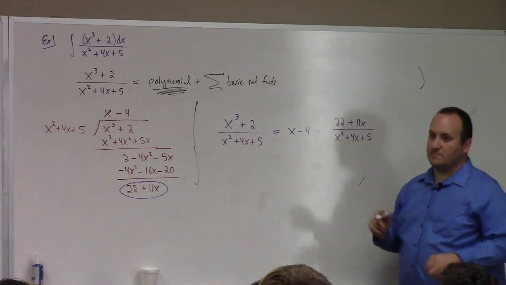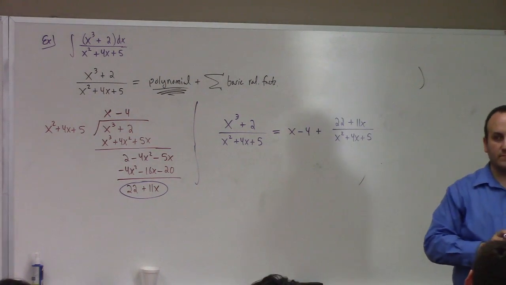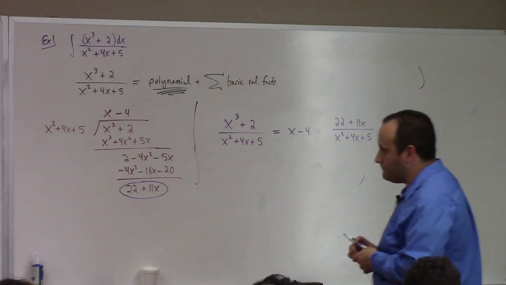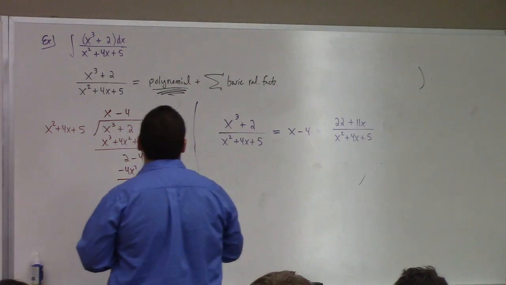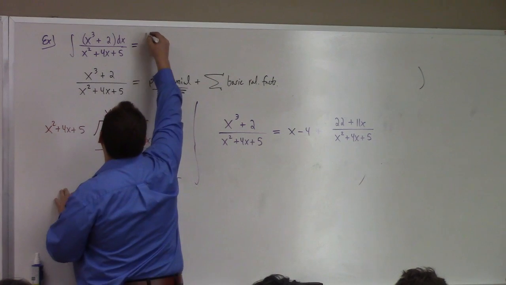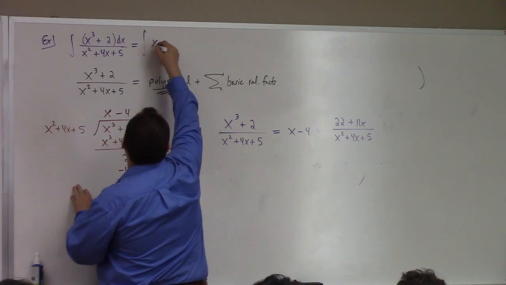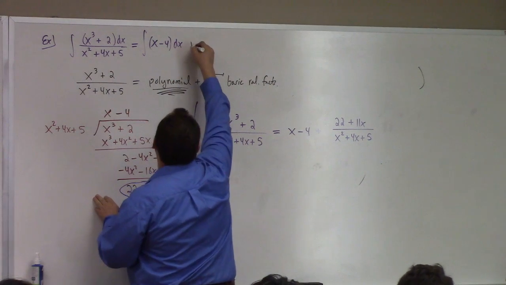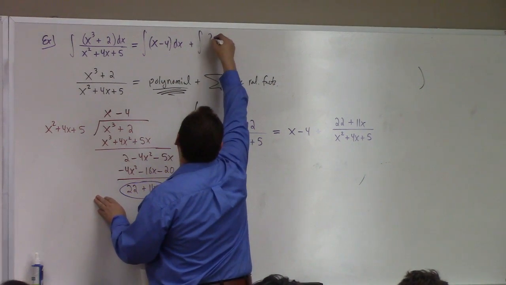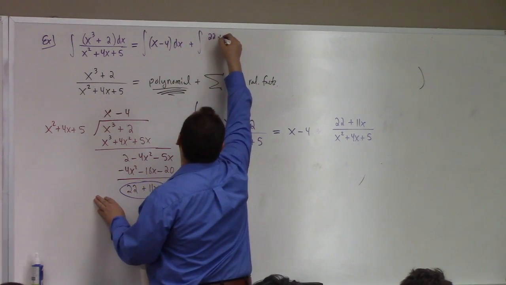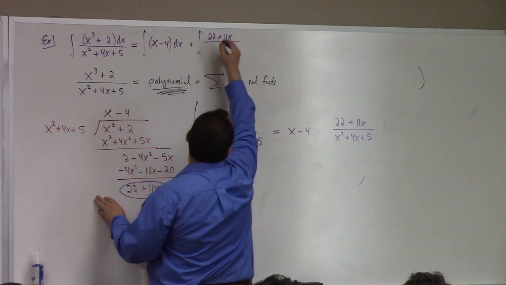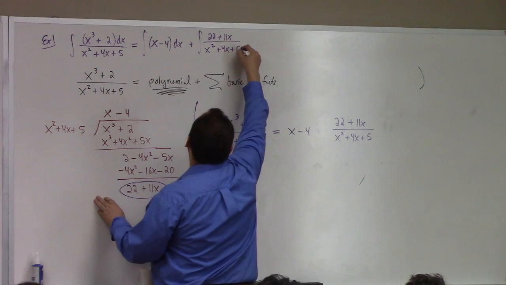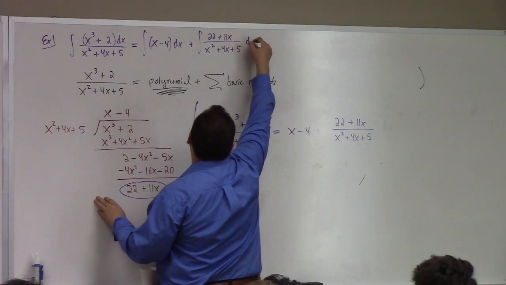So there's the polynomial that we're looking for. So what we have then is the integral of x minus 4 dx plus the integral of 22 plus 11x divided by x squared plus 4x plus 5, right?